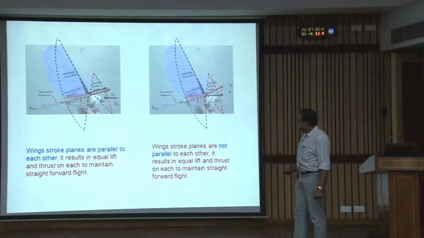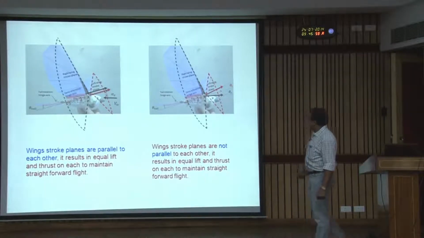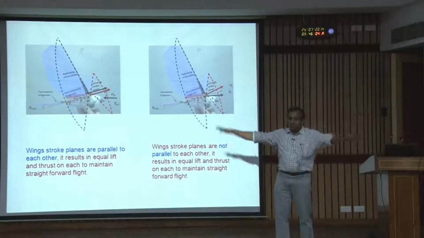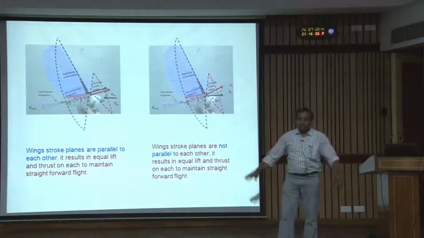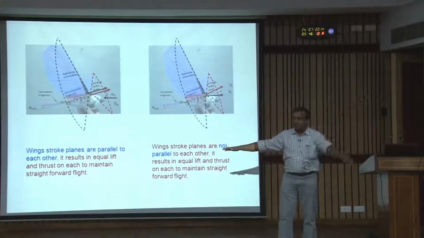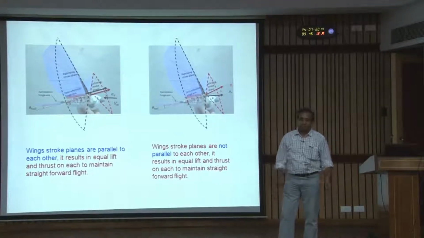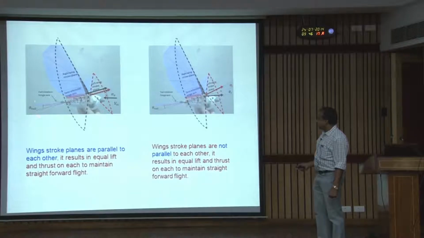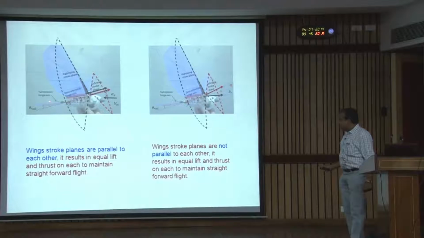The actual stroke plane has some angle with the hinge axis, and then it is parallel to each other, which means we are flapping symmetrically. Now if you can change this in a different way and this in a different way, then you have independent control of both. We also made a tail which can pitch up and down, and it also has twisting. This tail angle is theta.